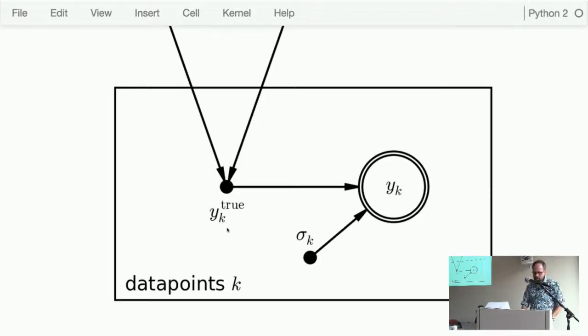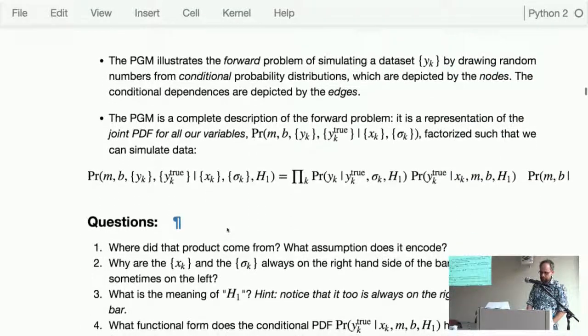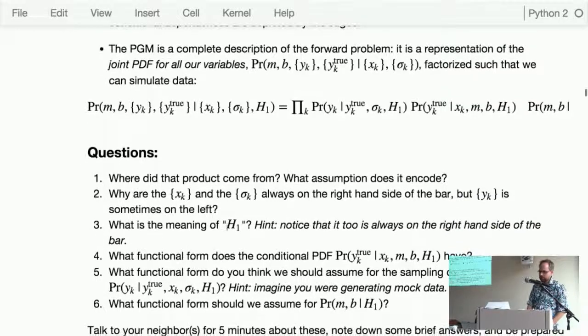Okay, so this was for the forward model. We can also use it later, but let's have a look. So I'm writing here that it's a complete description of this forward problem. And in fact, that process that I described of generating mock data by drawing random numbers from distributions allows us to draw everything that was in a circle, or anything that was in a probability distribution there, from a random number generator, which is to say that we're drawing from the joint PDF for all of the variables in our problem.